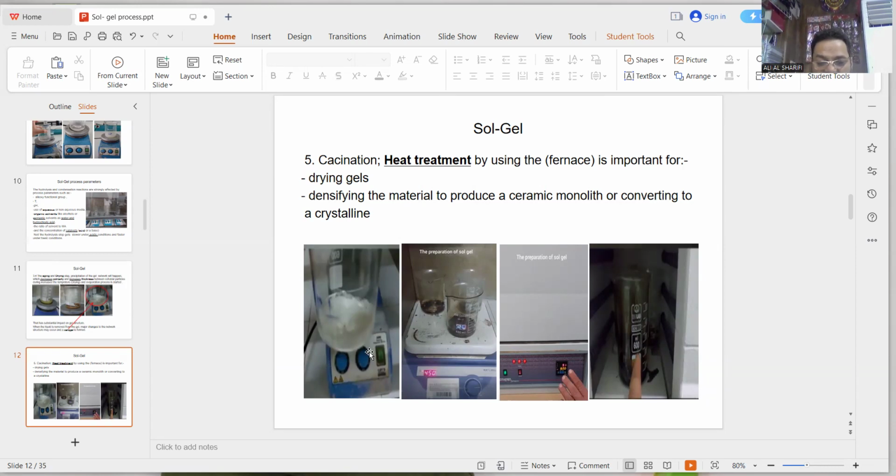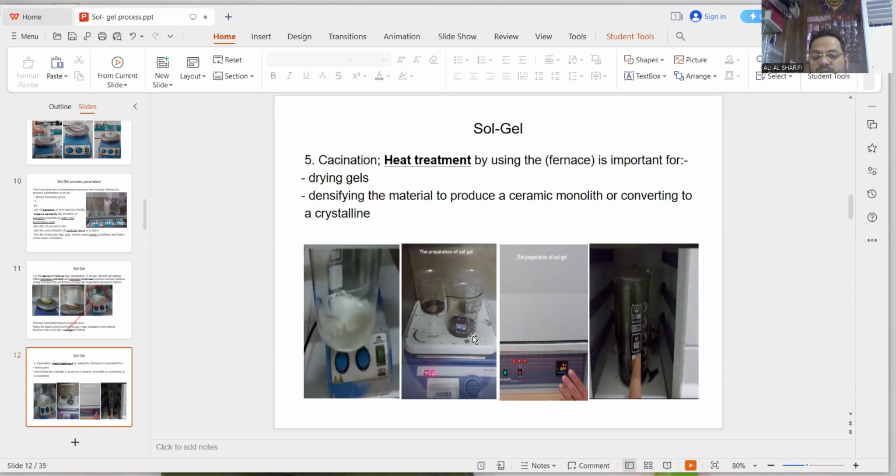Here, aerogel, like foam, when we increase the temperature more to approximately 450, we have a black material like carbon, black like carbon.